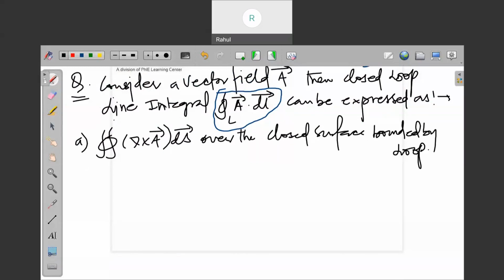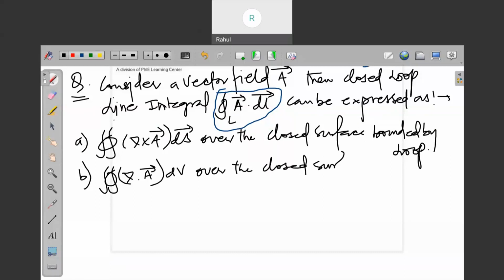Option B is given as the closed surface divergence, and this is out because in the case of Stokes theorem there is no divergence involved. There is a curl involved. So this is the divergence of A dV over the closed surface bounded by the loop.